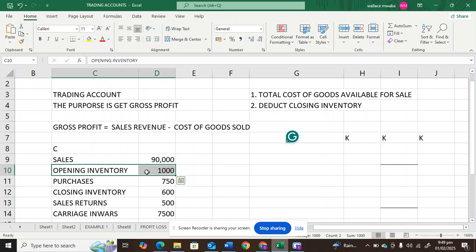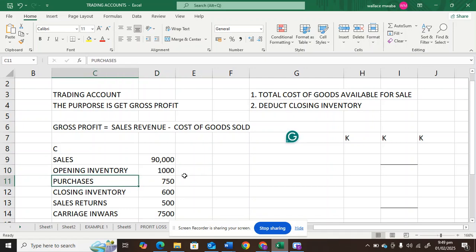Then when the year ends, the goods that you have in stock, that is your closing inventory. When you go into the next year, that closing inventory becomes opening inventory.